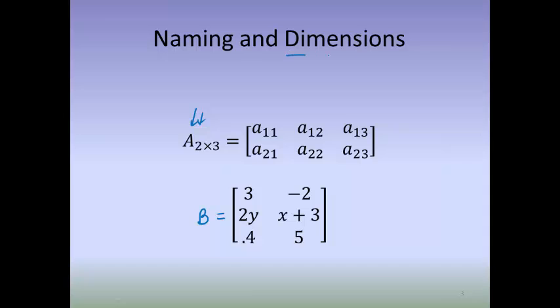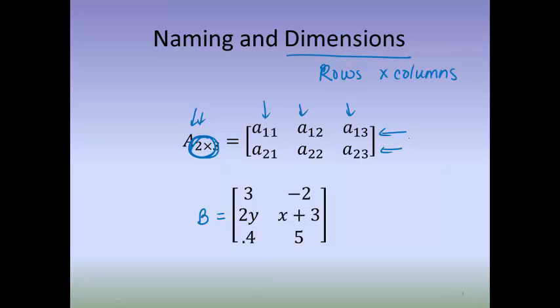Now the dimensions of a matrix are always written rows by columns. We count the number of rows and then we count the number of columns.